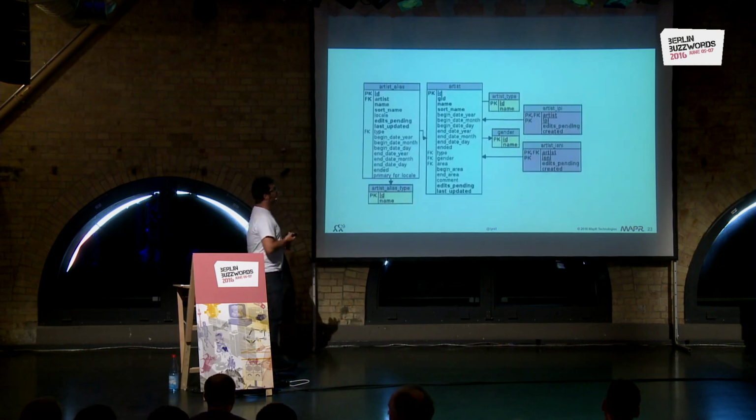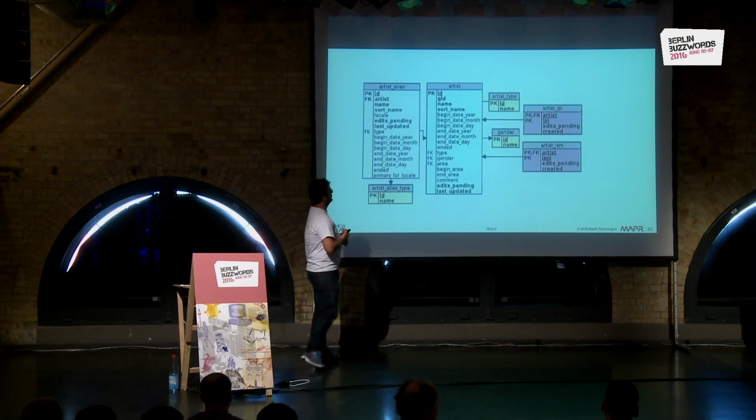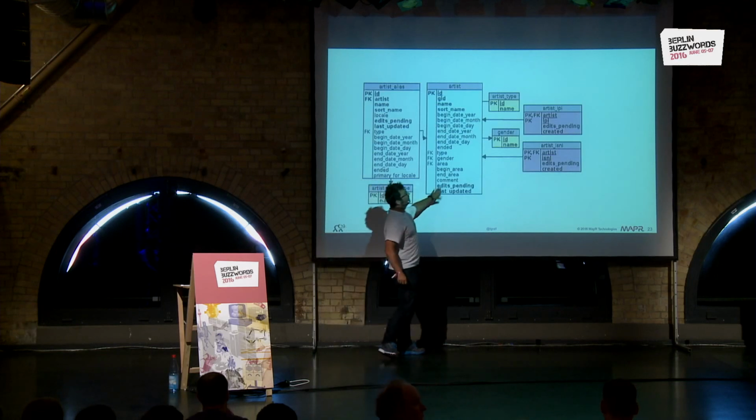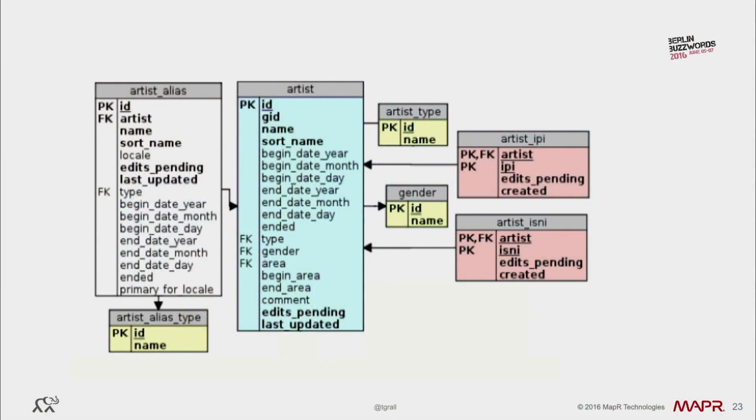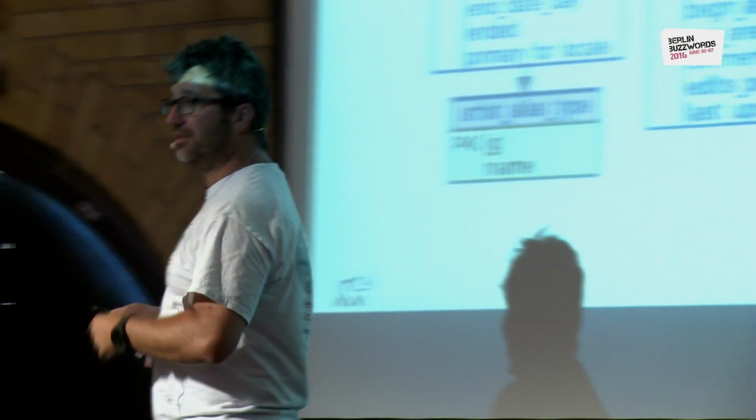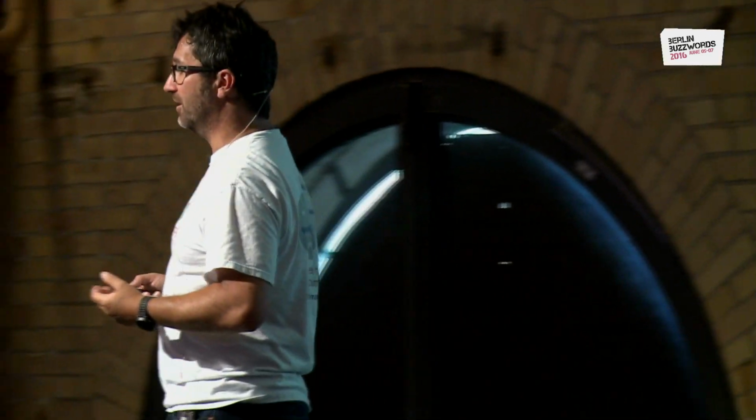So this important information will be the artist. An artist could have multiple aliases. The type of aliases, is it a group, is it a nickname for a specific date, and so on. The artist type, the gender, then some key values, some IDs about the artist itself as a database.